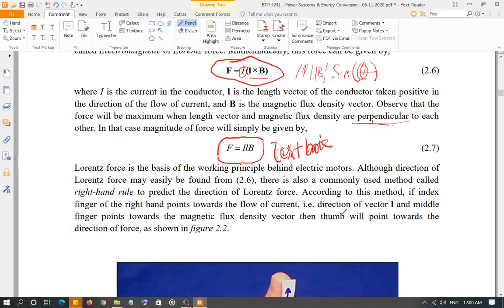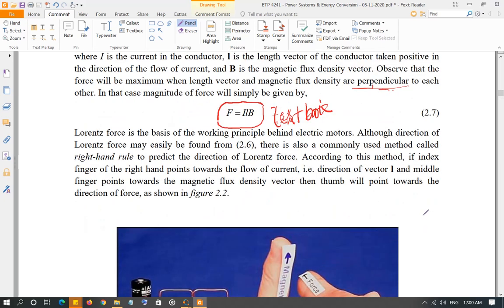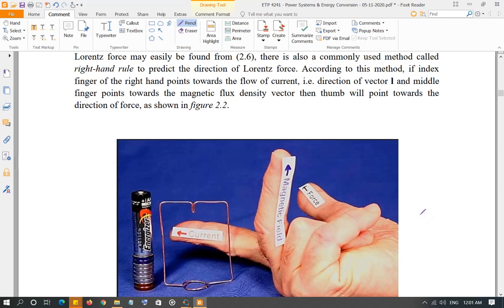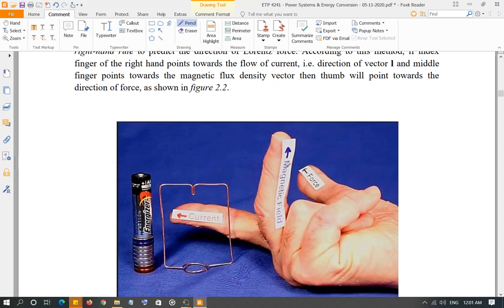In general, to figure out the direction of a vector that is the result of a cross product of two vectors, we use the right hand rule, and I'm always confused about the right hand rule. So you can read how to do the right hand rule and look at the picture. The current is flowing in the index finger direction, the magnetic field is in the direction of the middle finger, and the force is going to be in the direction of the thumb.